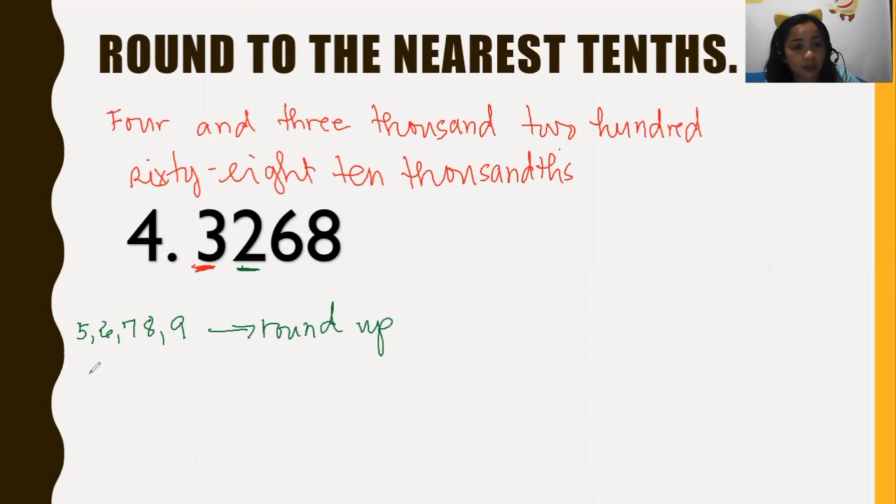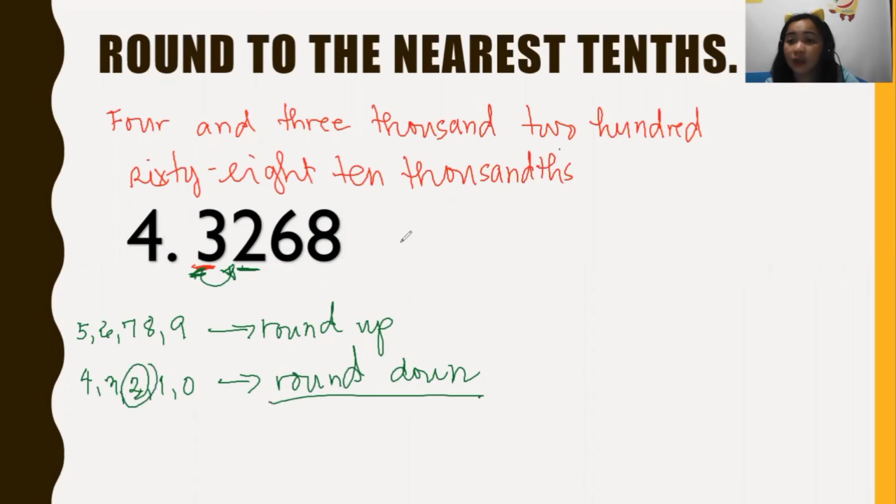And kapag ang katabi ay 4, 3, 2, 1, 0, that is round down. So, 3, ang ira-round, ang katabi niya ay 2. So, this is round down.